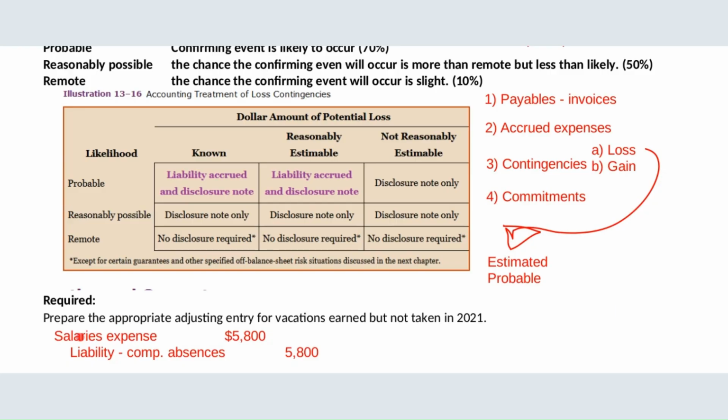So this will be our adjusting entry. In the real world, they might use a different designation. They might use vacation expense and then vacation liability, or they could use accrued leave. Whatever the company has in their chart of accounts.